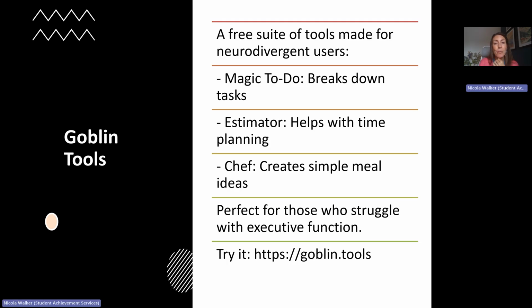It includes also an estimator, which helps with time planning, roughly how long this should take. It even has things like a chef to create simple meals out of ingredients that you have. So it does all sorts of things. But certainly for your academic work, the magic to do is incredibly useful. So let's have a little look.